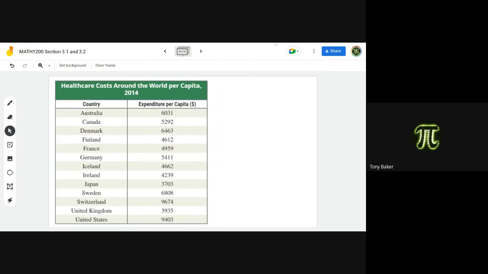And actually, I think Switzerland still has socialized medicine. Not positive. Yes, they do. So every country except for us has universal health care for their population.